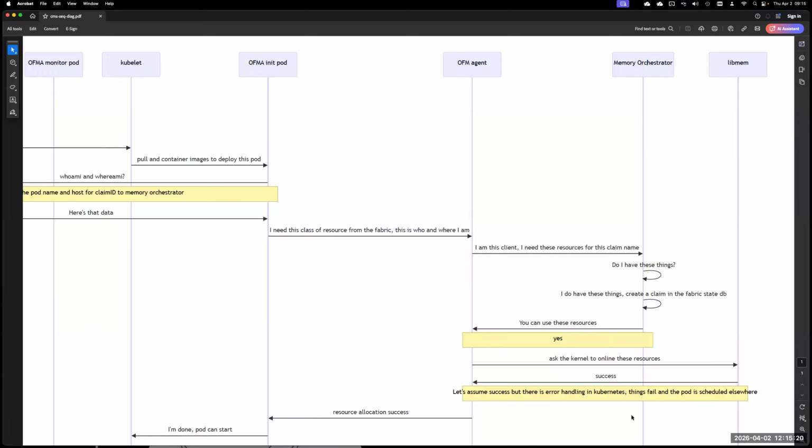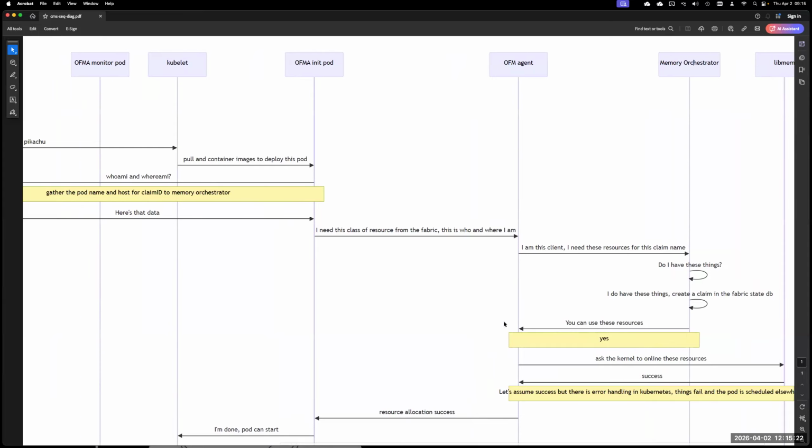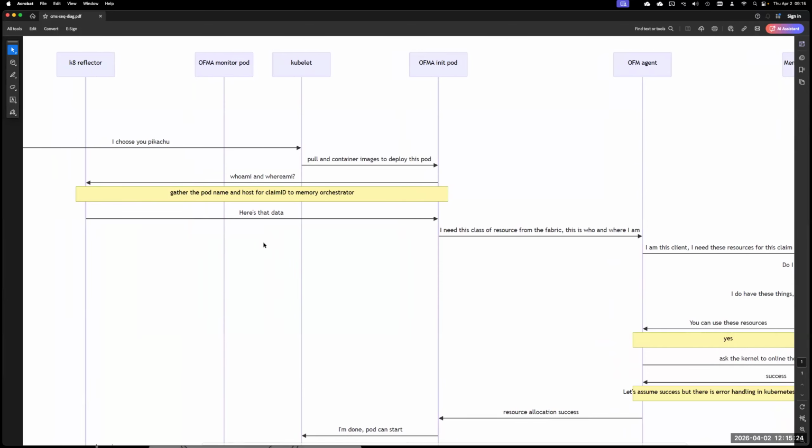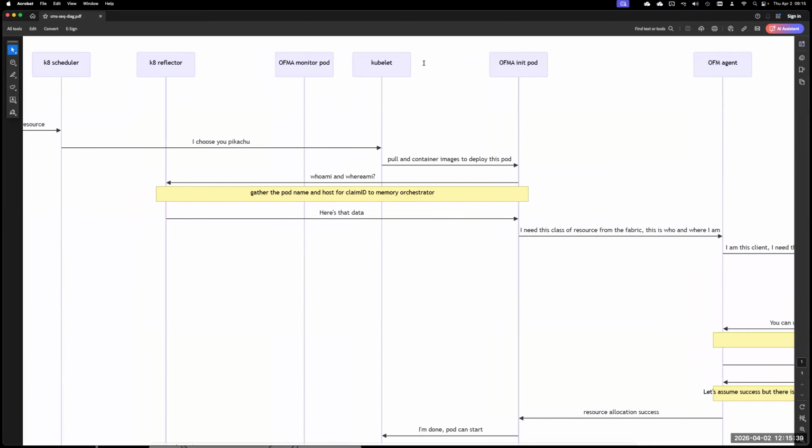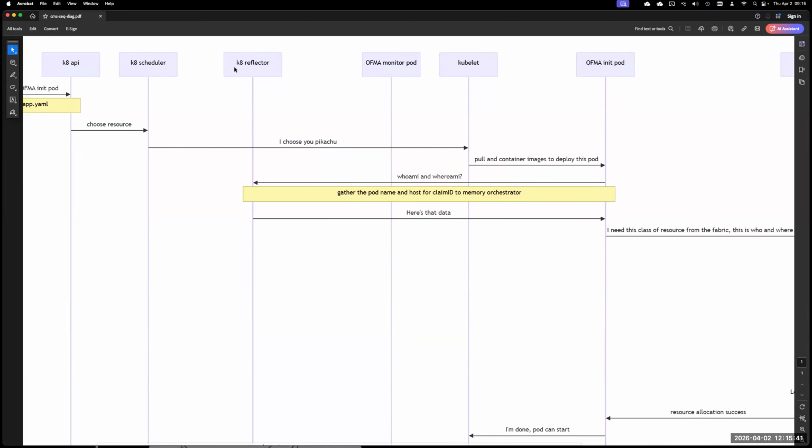And then the rest of these Kubernetes components, there's no need for an init pod anymore because DRA is just a callable mechanism, so you don't need to set up an initialization pod to call a resource because the resource is just callable directly from the pod now. And you don't need a reflector service because again it's just an embedded resource now, which is nice.